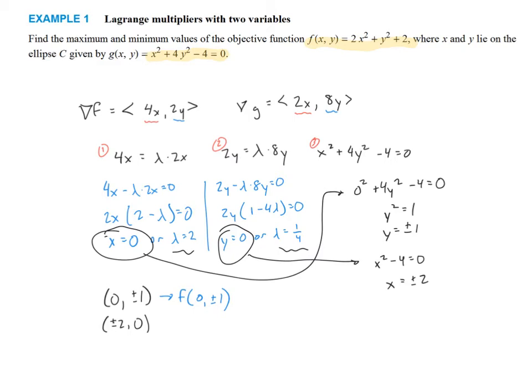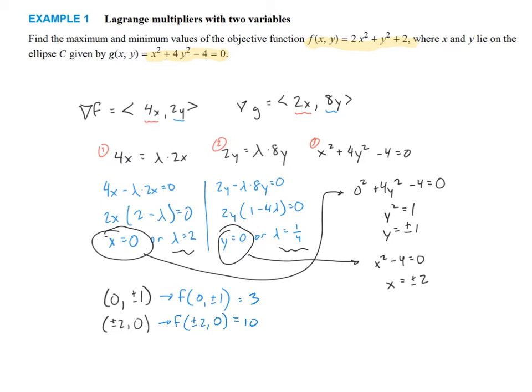If you substitute 1 or negative 1 into the original function, you get 3. So 2 times 0 squared plus 1 squared plus 2 is 3. And if you substitute f of plus or minus 2, comma 0 into the original function, 2 times 2 squared plus 0 plus 2, you get 10.